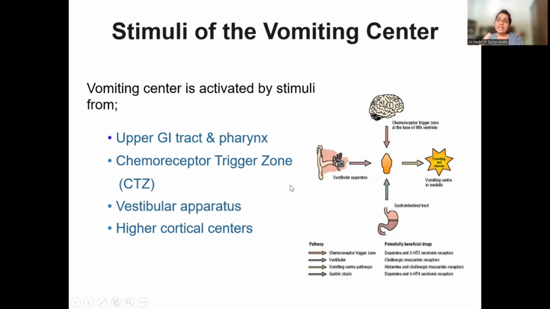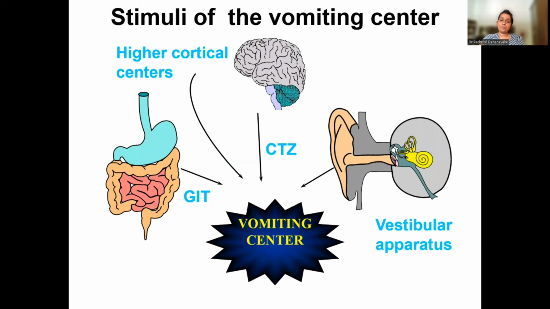So it's clear now that the vomiting center will be activated by different types of stimuli from different areas. The sensory organs I told you: the upper GI tract, the pharynx, the esophagus, and then the chemoreceptor trigger zone, the vestibular apparatus, and lastly the higher cortical centers. So these are the four areas which will stimulate the vomiting center.